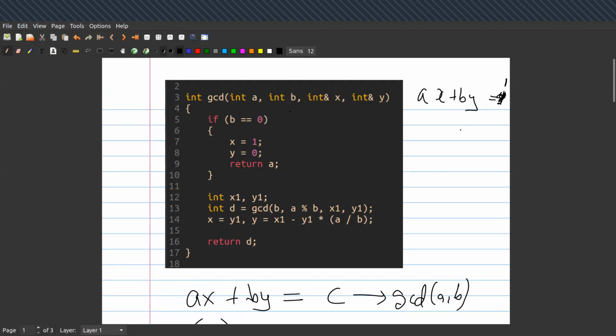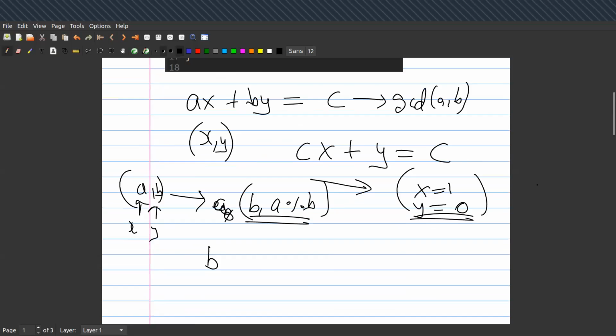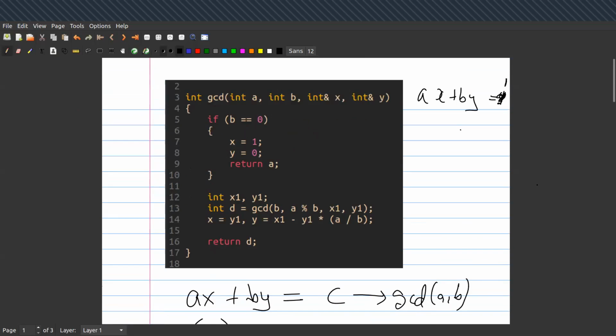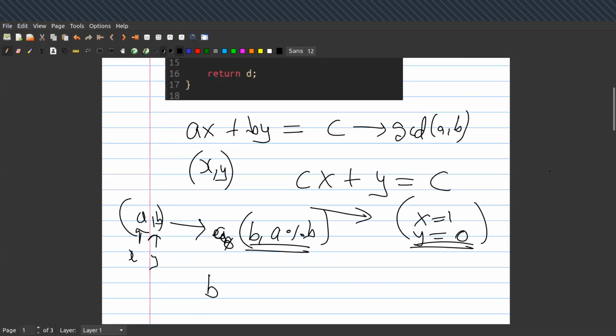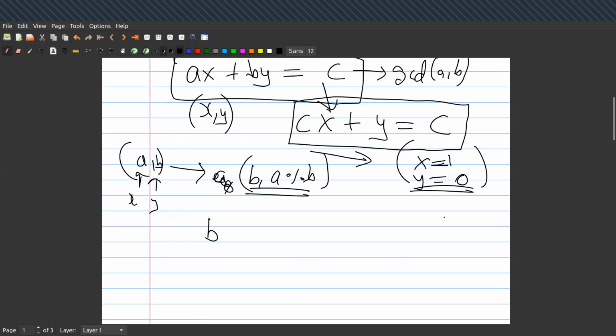So I pass the parameters, and now I go from A comma B until I finally reach a stage such that the final equation is Cx plus Y equal to C. We are solving Ax plus By equal to C, and finally we want to reach Cx plus Y equal to C. Then obviously the answer is x equal to 1 and y equal to 0.